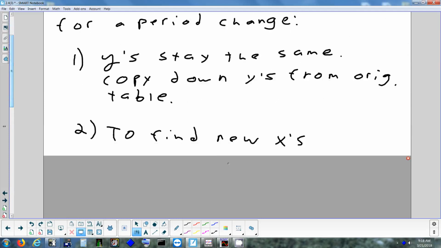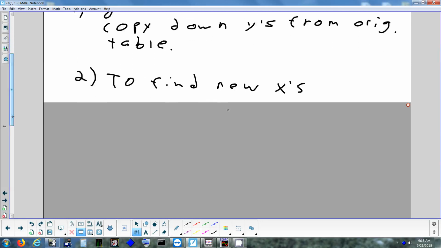Okay, so to find the new x's. There's a couple ways I can show you to find the new x's. I'm only going to show you one way. Sometimes one way is better, it's faster. Sometimes the other way is faster. It kind of depends. But I'm going to show you how to do it this way.